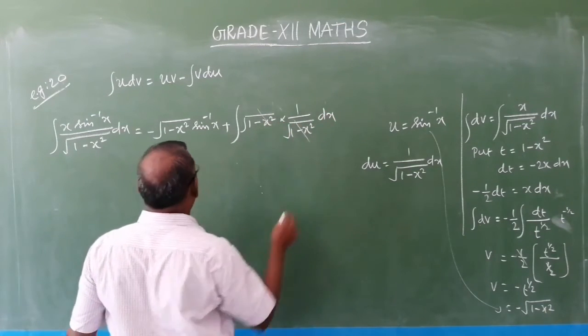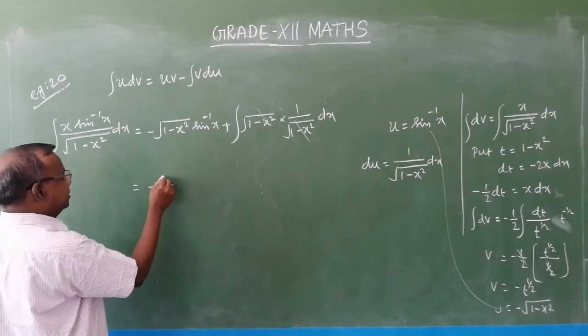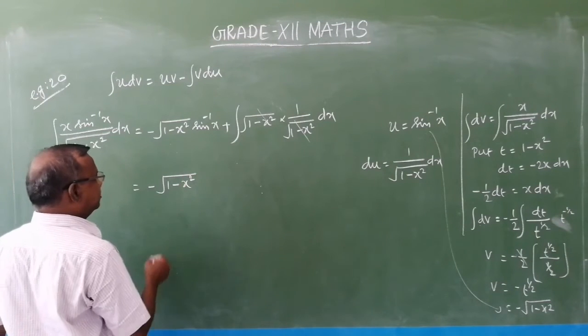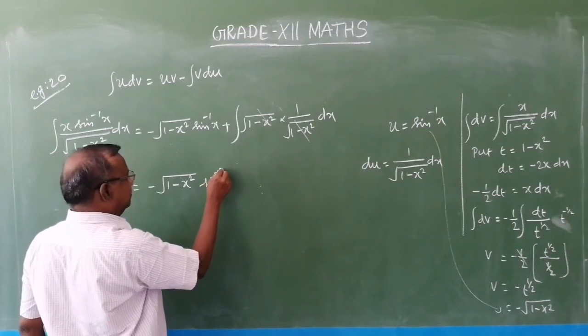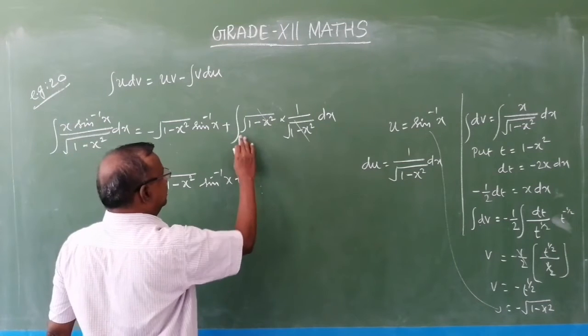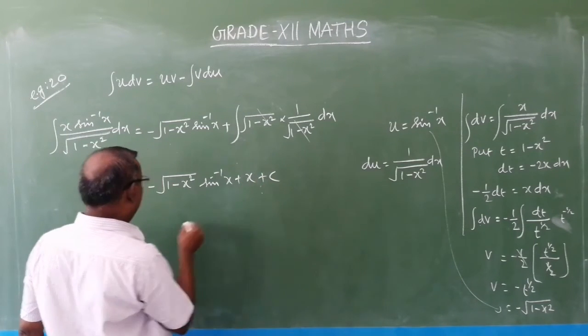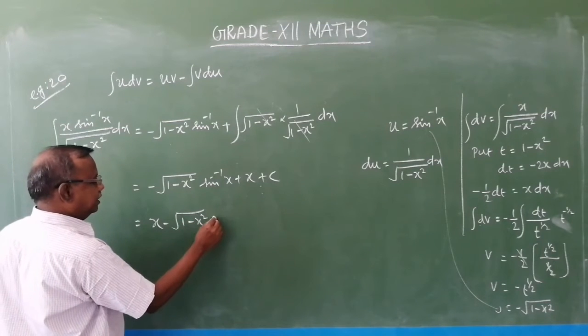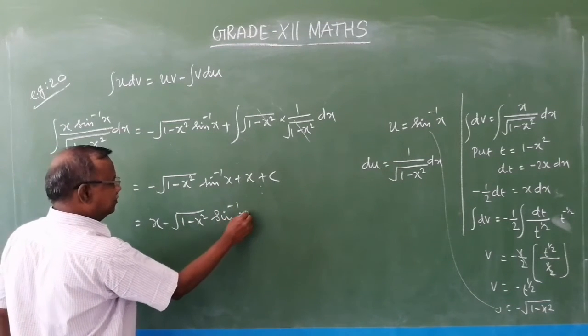So eliminating this we have minus root of 1 minus x square into sin inverse of x plus integral dx equal to x plus c, or this is x minus root of 1 minus x square into sin inverse of x plus c.